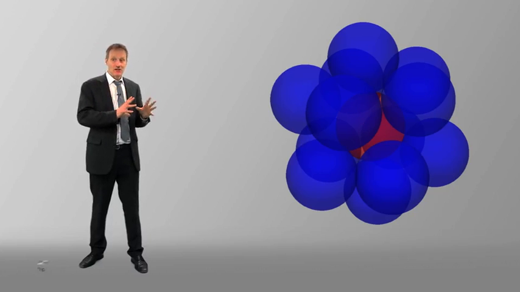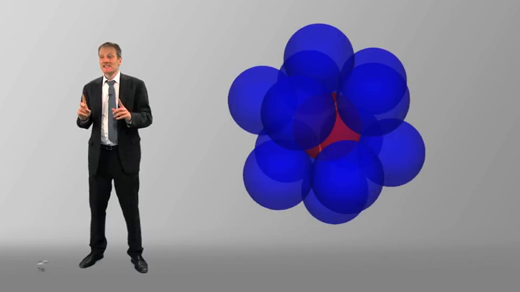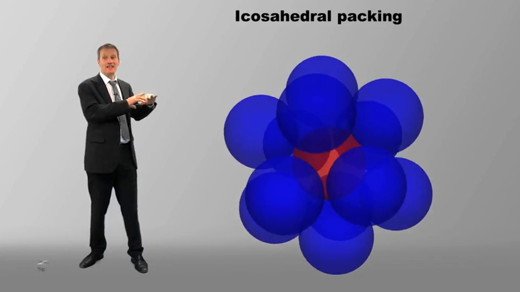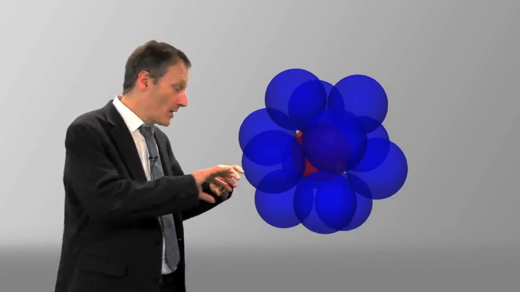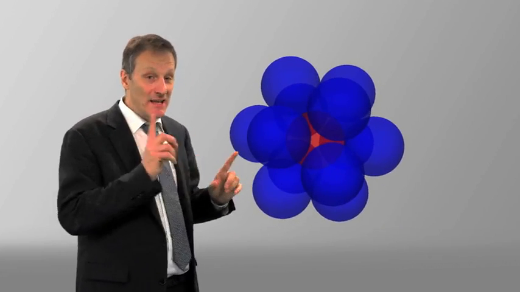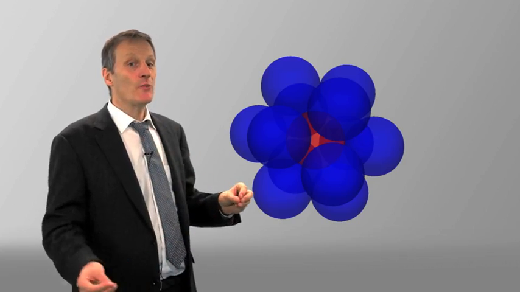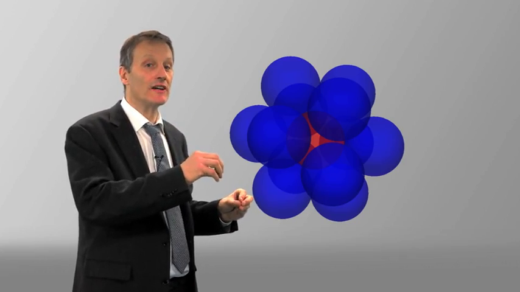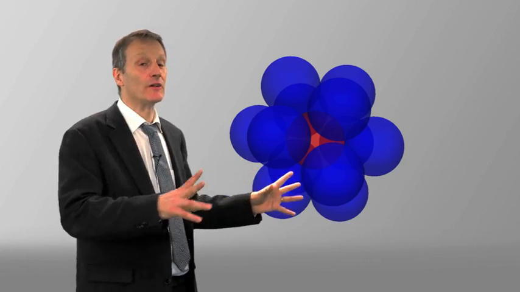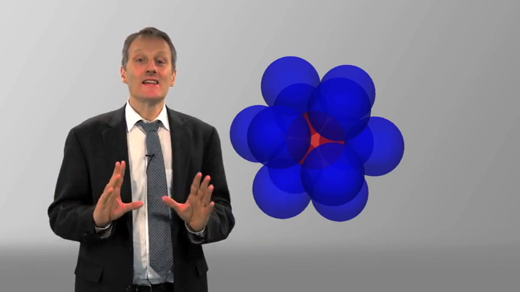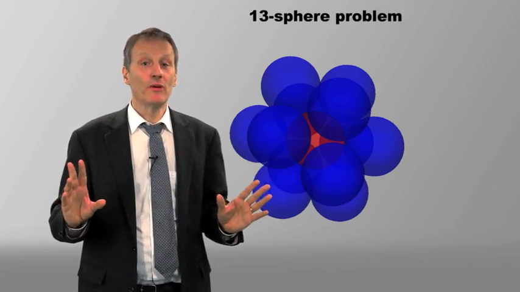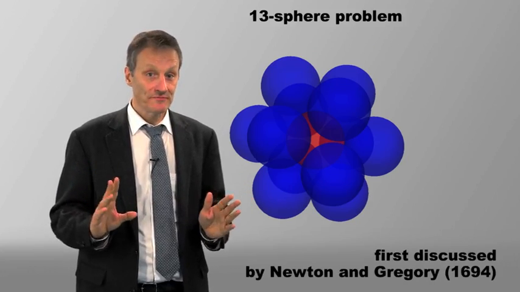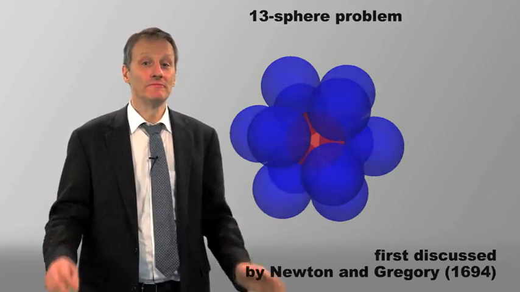All of them touch the red sphere, but in this icosahedral packing, none of them touches each other. Again, we can make a little space, and the question arises whether we have enough space to add a 13th blue sphere to this ensemble of 12 spheres. This is the famous 13-sphere problem, and it was first discussed by Newton and Gregory in 1694.